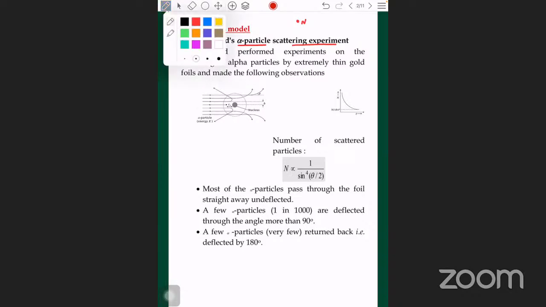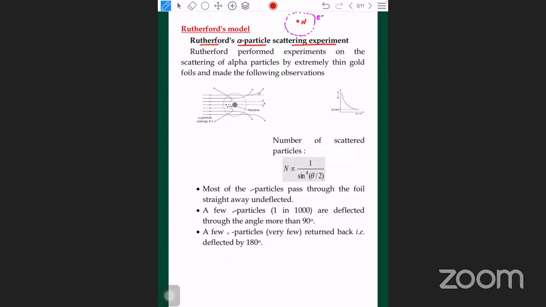And whatever electrons are there, those electrons are going to revolve around the nucleus in a circular path. So according to Rutherford's atomic model, the entire mass of the atom is concentrated at the center called the nucleus, and negatively charged electrons are revolving around the nucleus in a circular path.